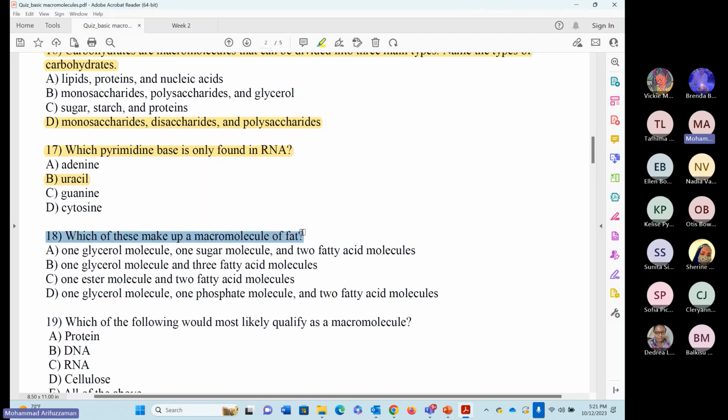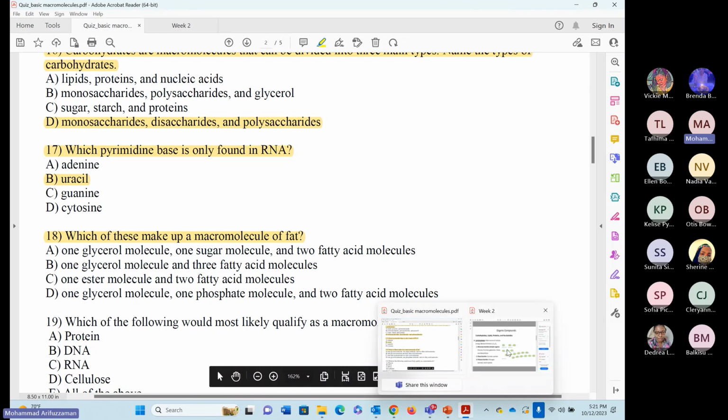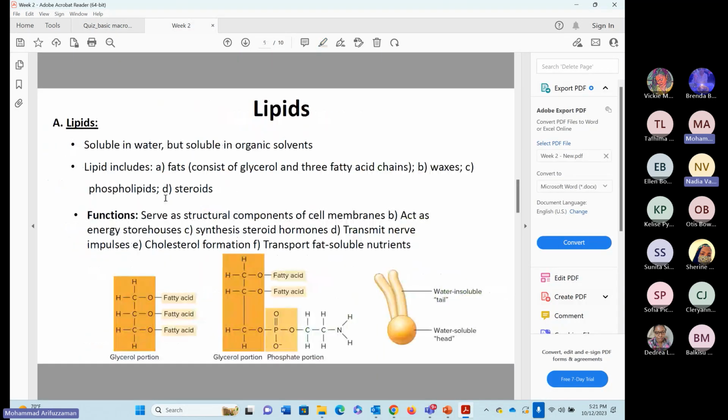Which of these make up a macromolecule of fat? You have A, 1 glycerol. No. Is it C? Okay, now what is fat? Let me show you what I discussed. Lipid. You can see here, this is the fat.